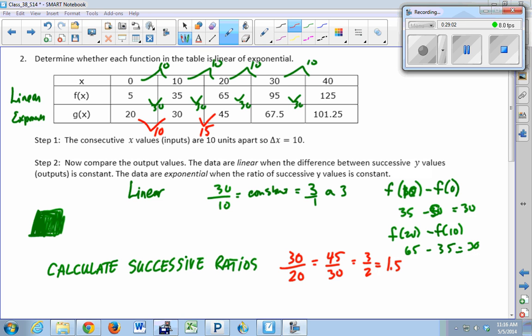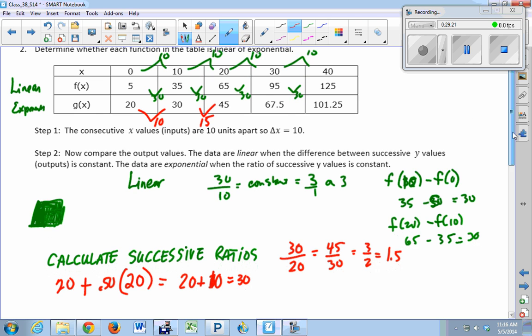And what Amy noticed is really interesting. She says, if I take half of 20, and I add it to 20, I get my next value. It's 20 plus 10 is 30. And if you do that all the way up, now go 30 to 40.